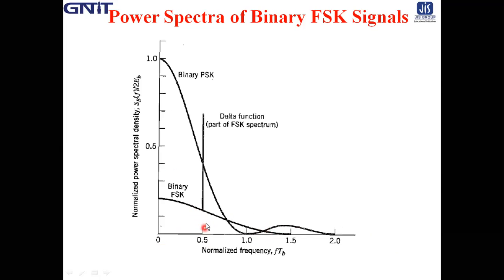So one impulse is at f equal to 1 by 2TB, that is 0.5, and another impulse is at minus 0.5. It is the normalized PSD, SB(f) by 2EB, normalized with respect to BPSK, against normalized frequency f TB. So a comparison is presented for the power spectra between BPSK and BFSK.